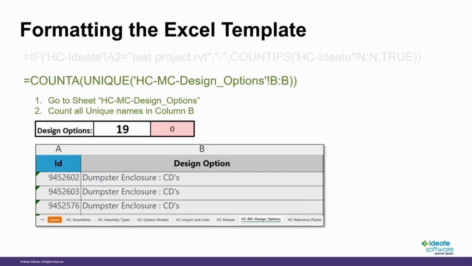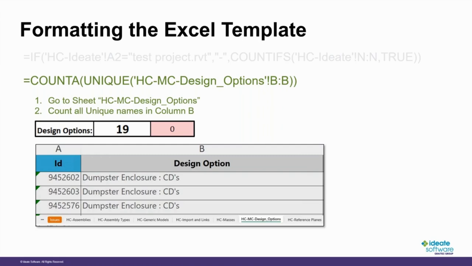So let's use our design options as an example here of how we can start to customize our own data and visualize our own data. At this point, I'm assuming you've exported all the data you want to see from your BIM link files. Now we can actually take a moment to figure out how we want to visualize that data.